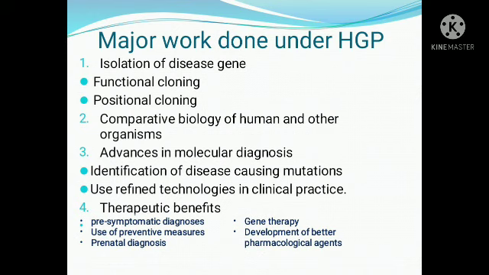Next is the comparative biology of humans and other animals. If you look, you can see they have given the HGP program in different maps, in which they have compared different categories.